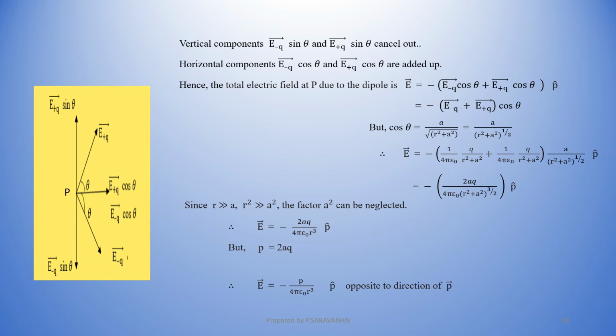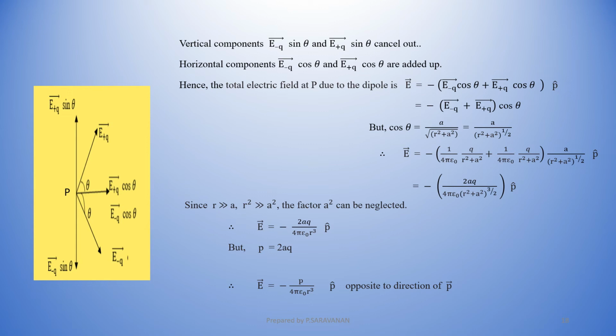Okay, you look at the previous picture and get an expression for cos theta, which is equal to a by square root of r square plus a square, or cos theta equal to a by (r square plus a square) whole power 1 by 2.